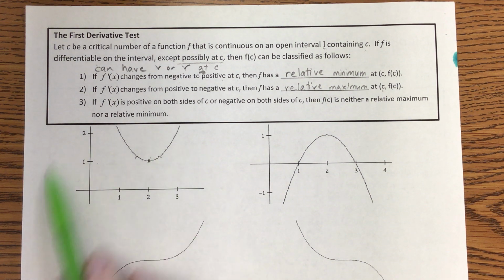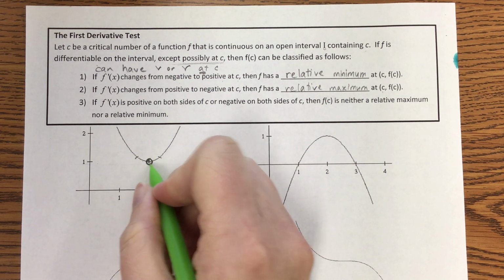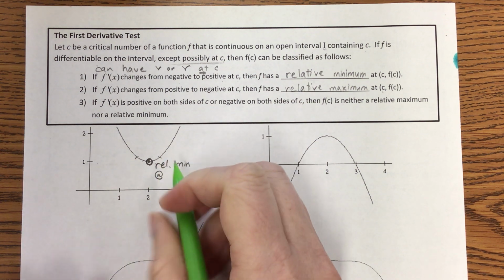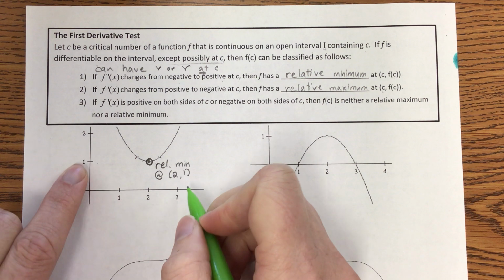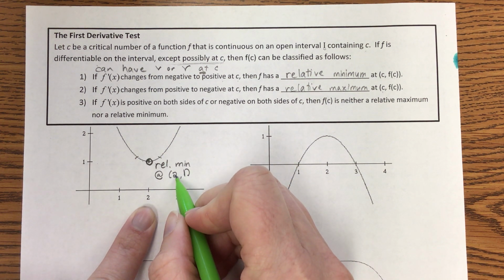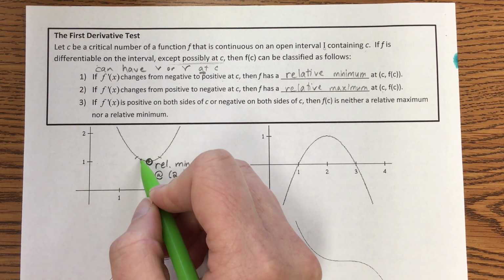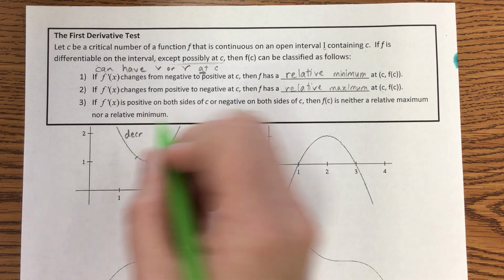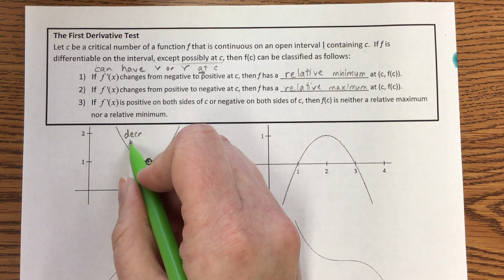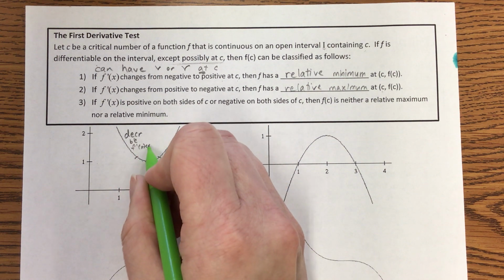The first example, we have a relative minimum here. It is at the point 2, 1. So the relative minimum is 1, and it happens at x equals 2. Take a look to the left side of it. This is a decreasing function from negative infinity until x equals 2, because f prime of x is negative, right?